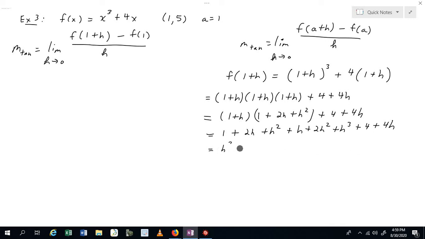So you have h cubed, and then it looks like you have a 3h squared, and then you have another 3h, plus 4h, so that's actually going to give us 7h. Okay, and then plus 5, right? 4 plus 1, so plus 5. Okay, so that's what f evaluated at 1 plus h is equal to. So I'm going to put that up here.